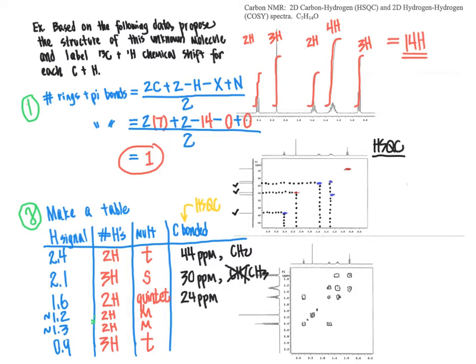And then for the carbon signals that they correlate with, working our way from the x-axis here, going upfield in the carbon spectrum, we come first to a signal that is at 31 or 32 ppm, and then another carbon signal that's at about 23 ppm.